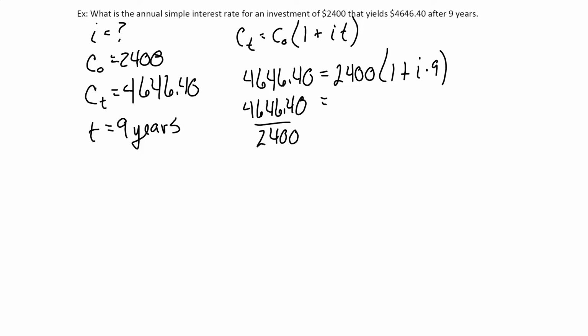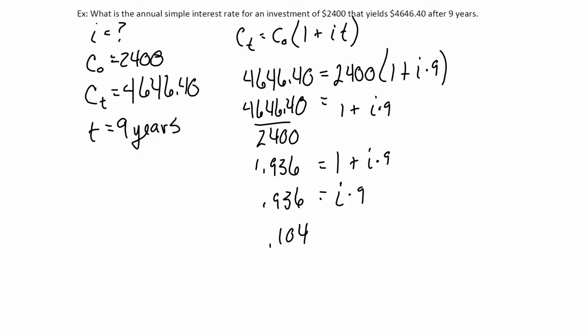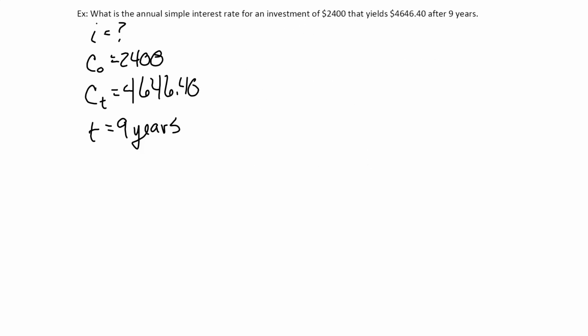So we end up with 1.936 is equal to 1 plus I times 9. I'm going to subtract 1 from that side, get 0.936 is equal to I times 9. Now we're going to divide both sides by 9, and we get 0.104 is equal to I. 0.104 is 10.4%.